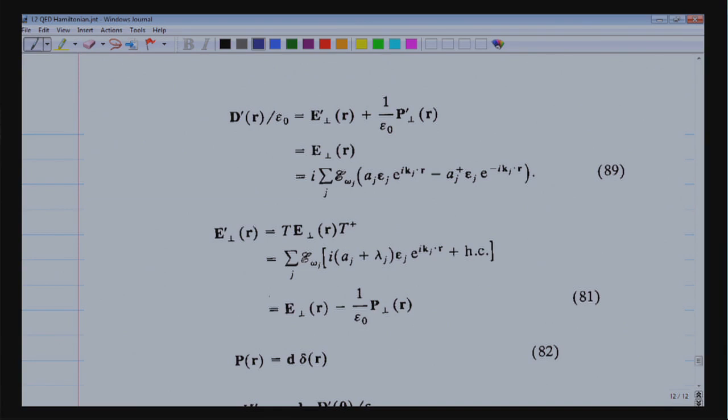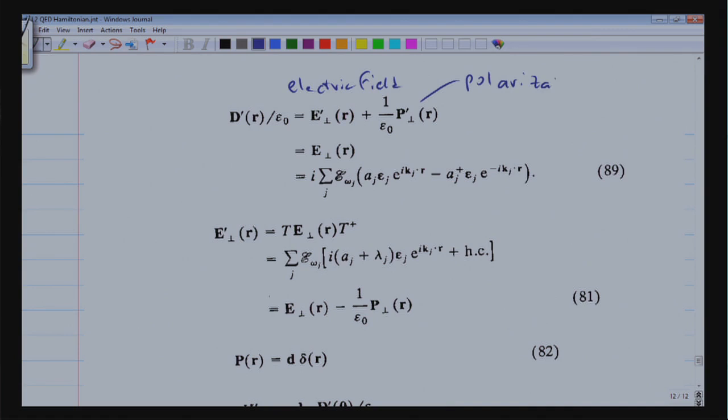I don't want to go through that, I just want to make sure you have seen it, that if you want to do it really rigorously, then you have to distinguish between the electric field D and E. So you have an electric field here, and here you have the polarization.